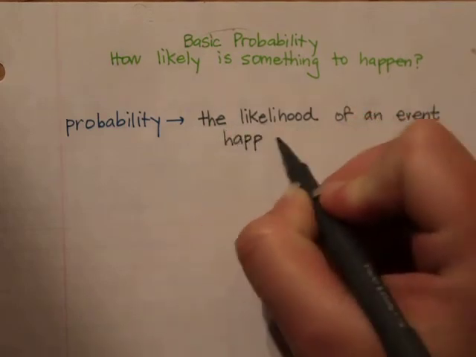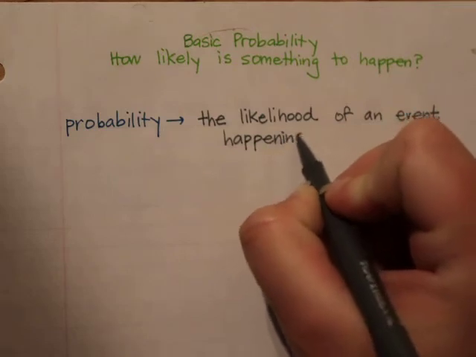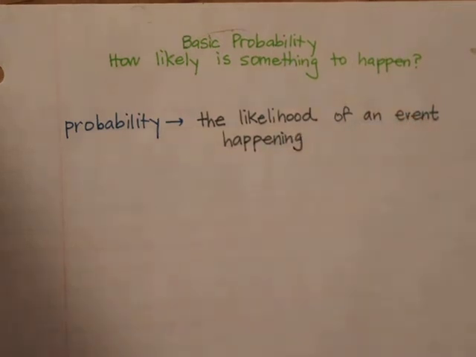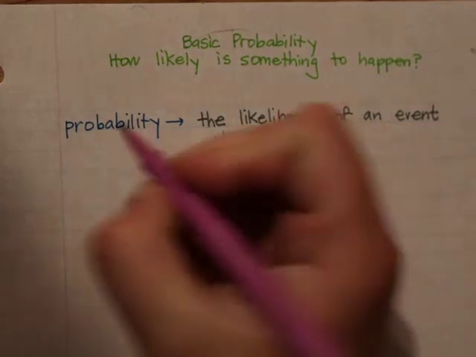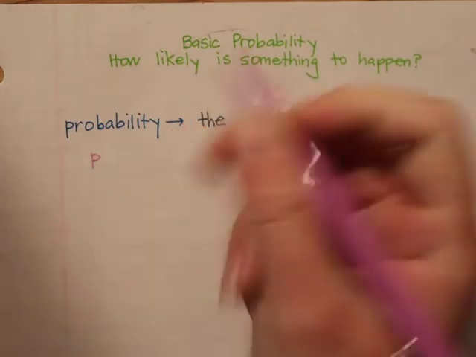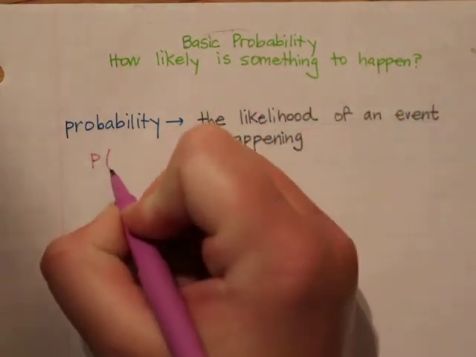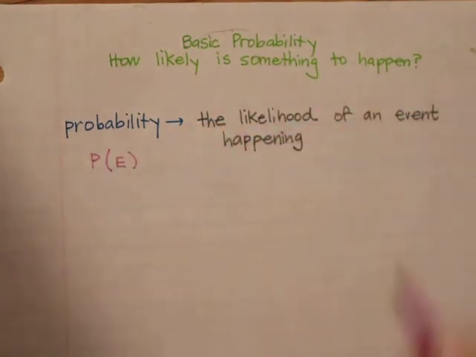We love to use the event of flipping tails when you flip a coin, or drawing an ace out of a deck of cards. There's lots of those events that we use, but the probability is how likely it is that that event is going to take place the way we expect it to. So we use the letter P for probability, and E for event.